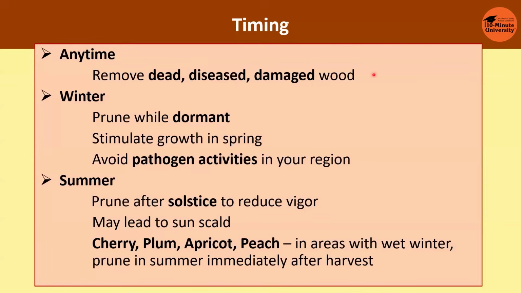If you live in the Pacific Northwest, these trees, cherry, plum, apricot, peach, tend to have more disease issues in the winter when it's rainy, and so we recommend to prune them in the summer immediately after harvest.